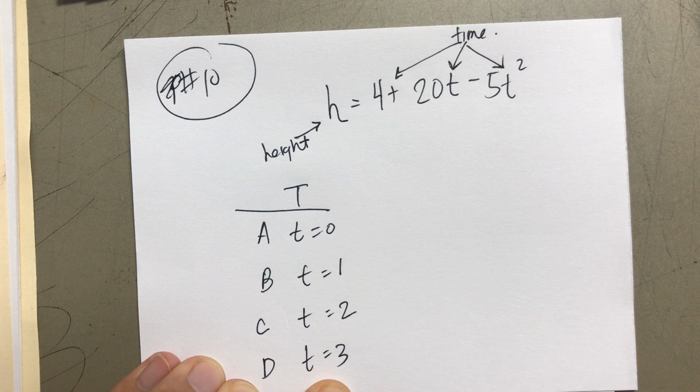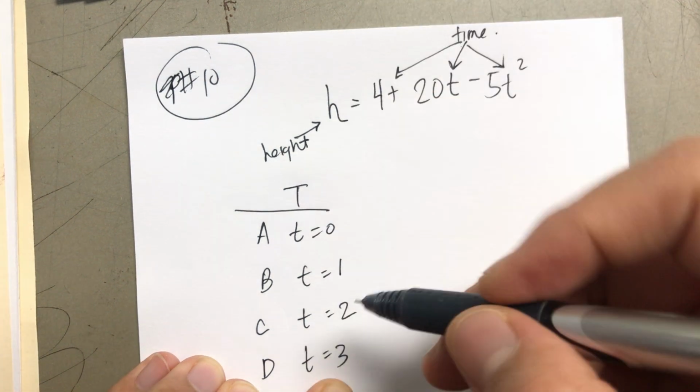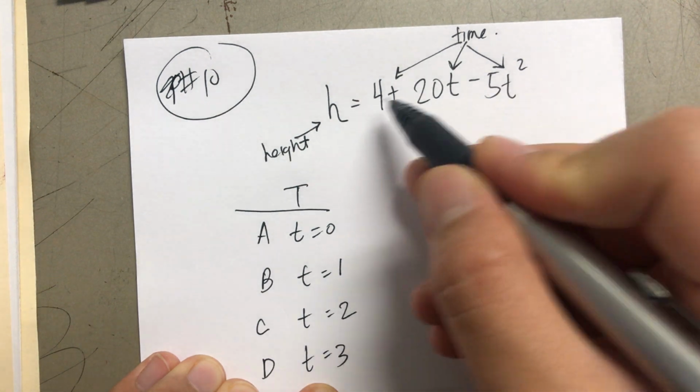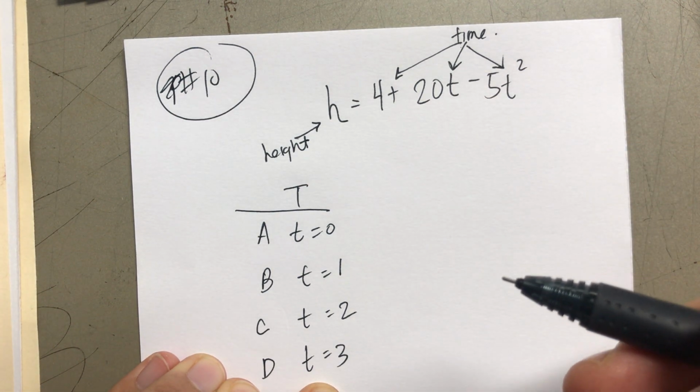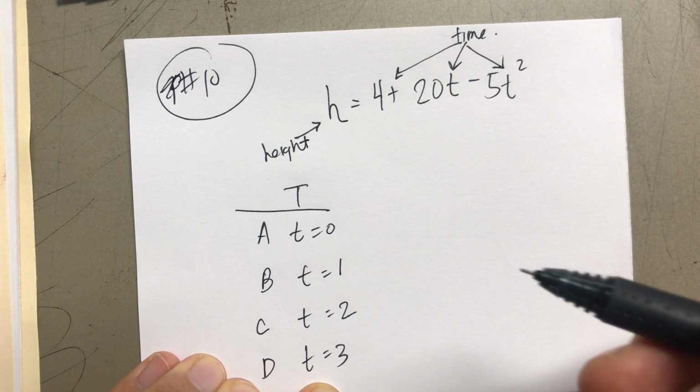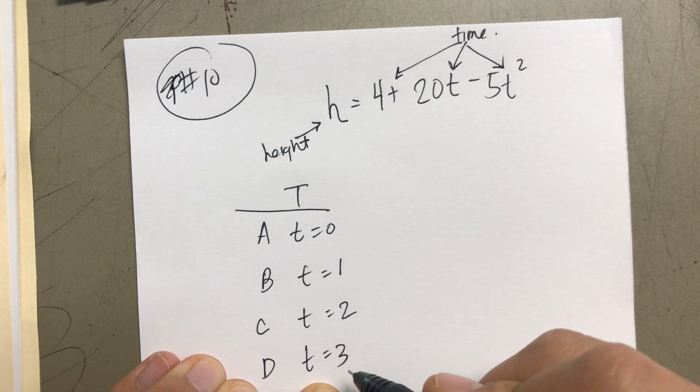Okay, so it says which one of the values for t will have the greatest height. So we want to find the greatest. Obviously, you see this and you know, whatever number you choose that's a little bit bigger might yield the answer. So let's just start on the top end since they want to find the greatest.